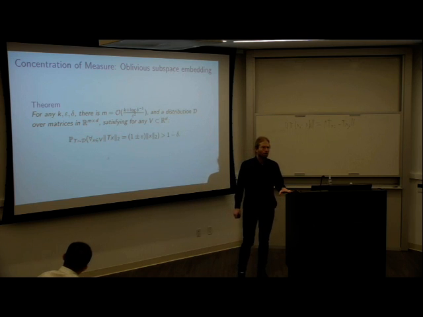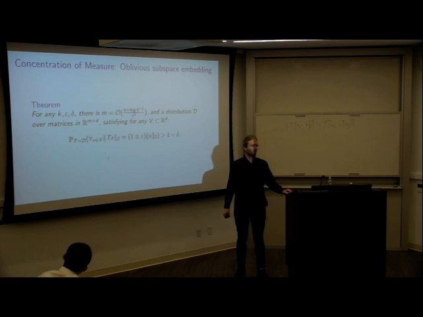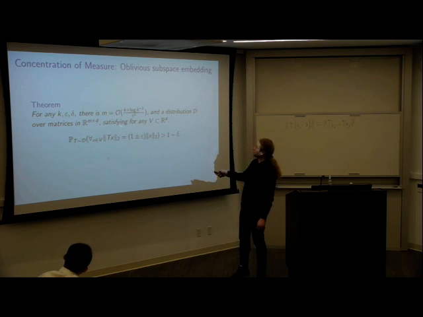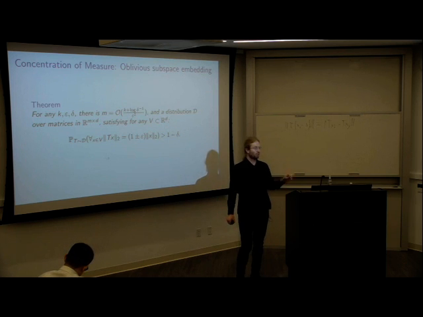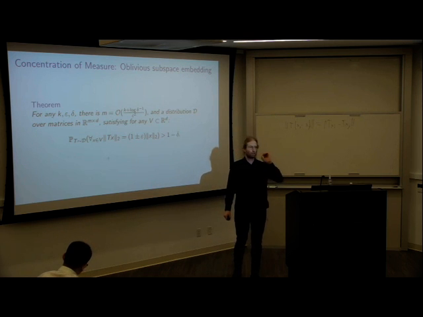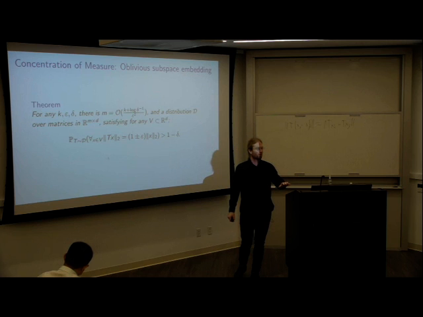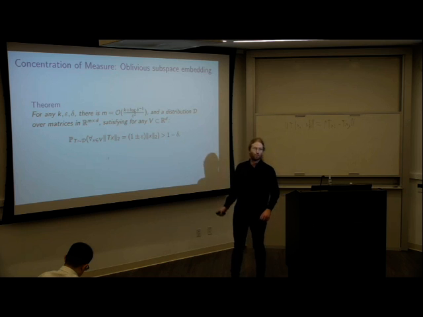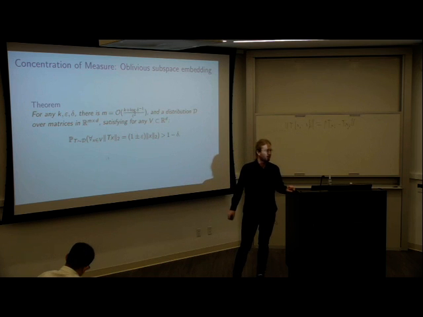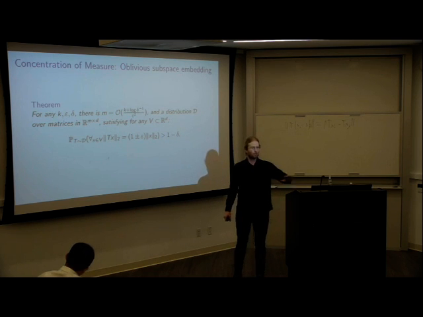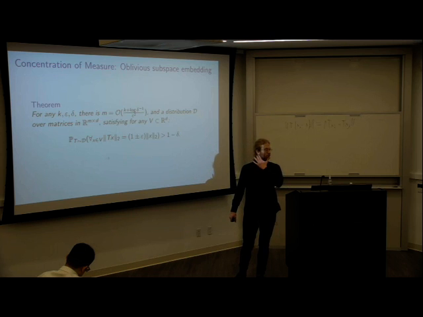Now, the fact that those things exist isn't as surprising as the original Johnson-Lindenstrauss, because if the target dimension is smaller than k, then obviously you can do this. If the target dimension is larger than k, then you can just look at the orthogonal projection on the subspace. So for a given subspace, it's obvious that you can find a subspace embedding of it, a linear map that preserves all the norms of vectors on this subspace.